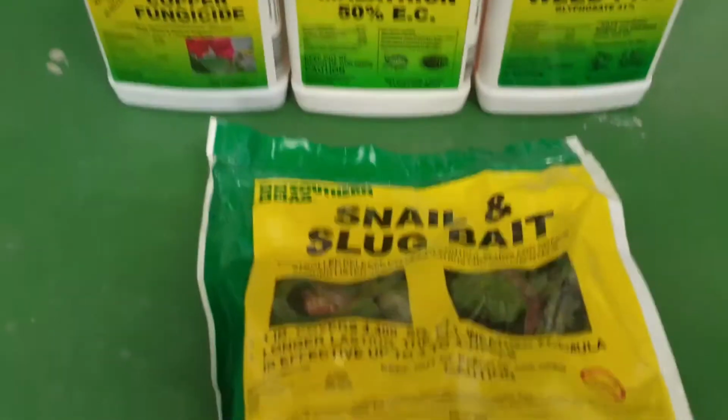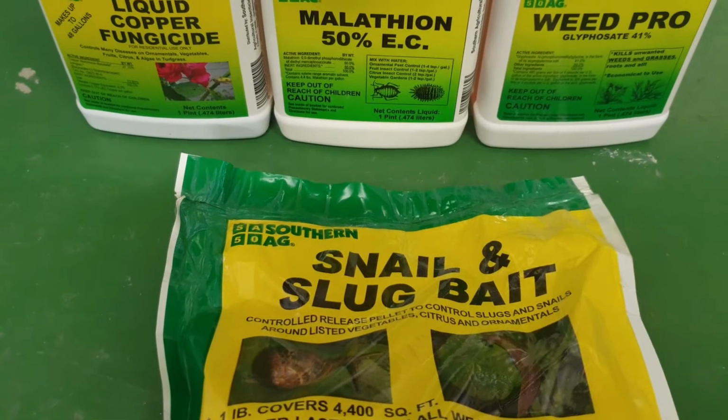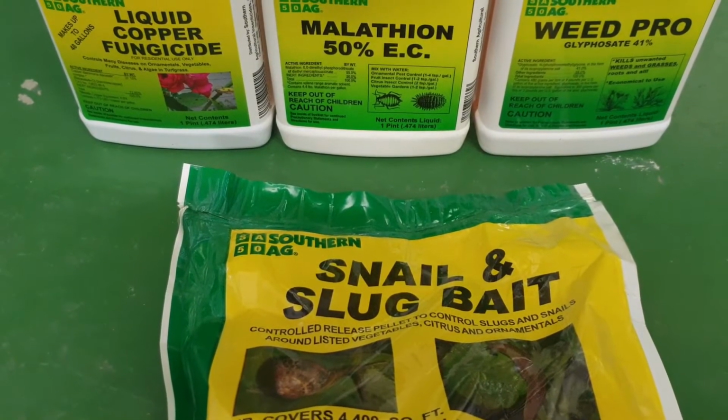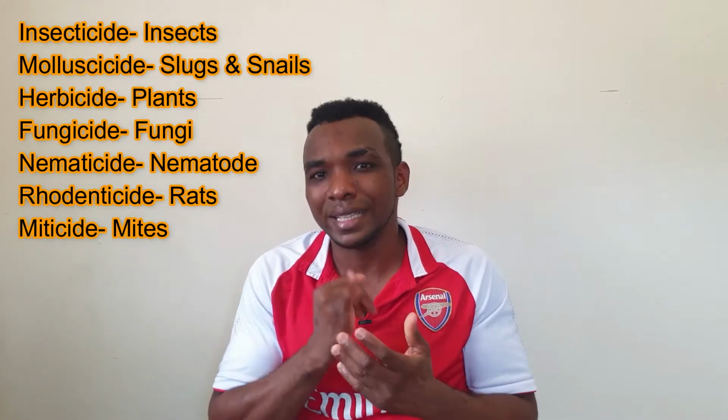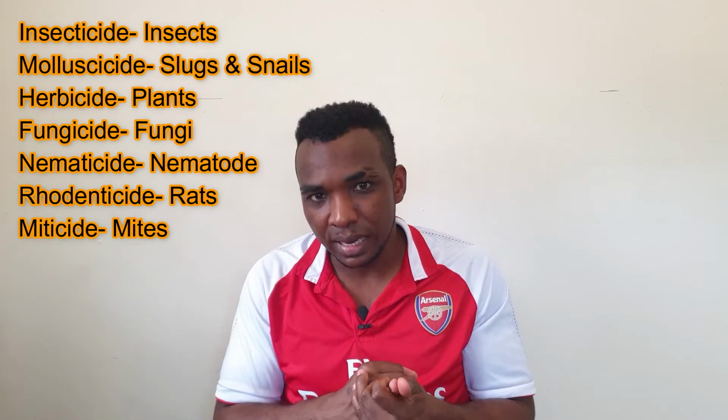So the term pesticide is basically a broad heading that other variants of pesticide fall under. An insecticide will kill insects. A molluscicide will kill snails, right? Slugs and snails. An herbicide will kill herbs or grass, vegetation, right?